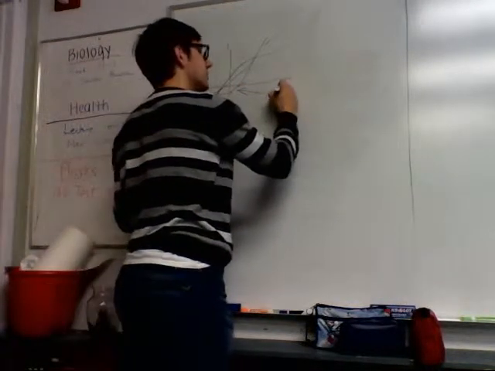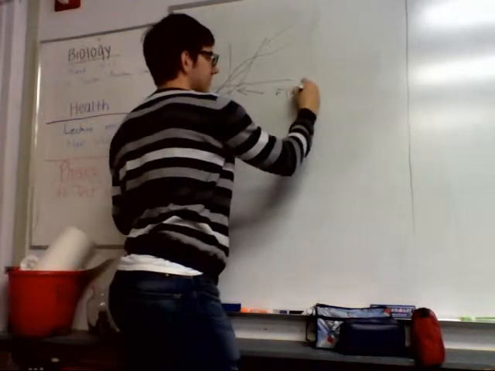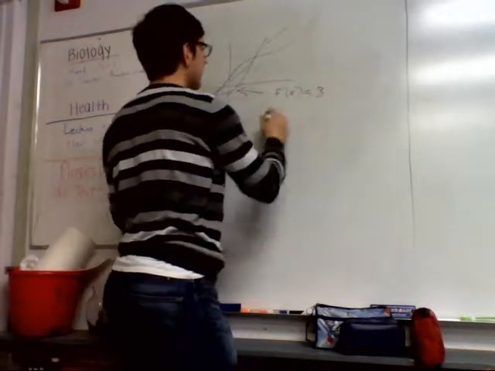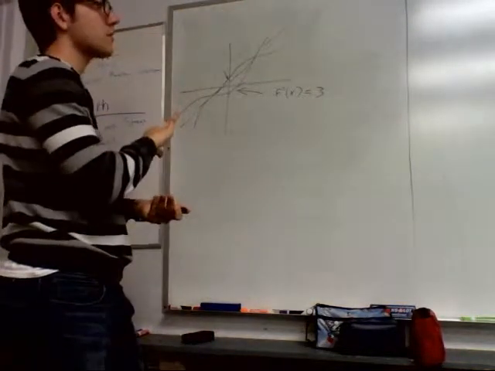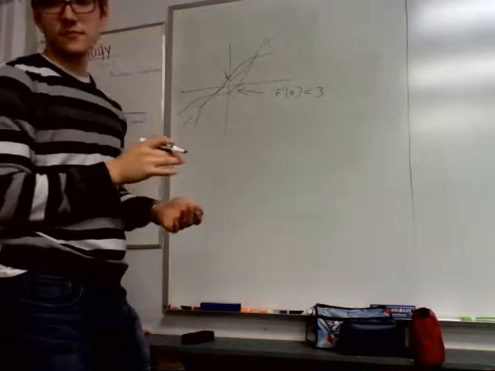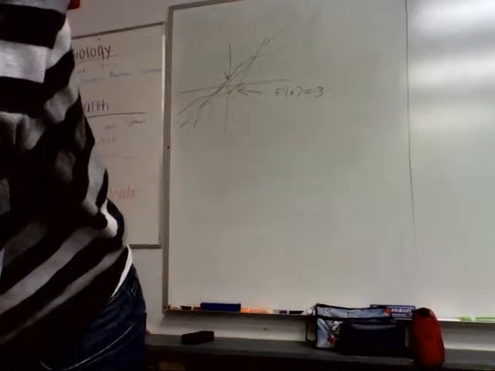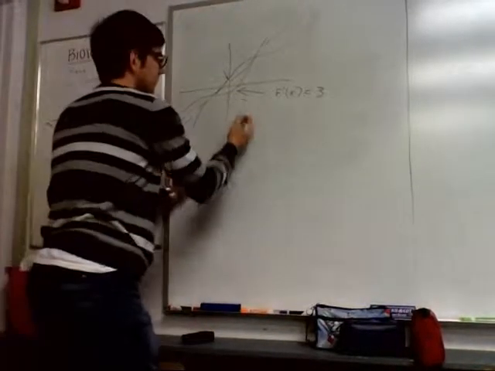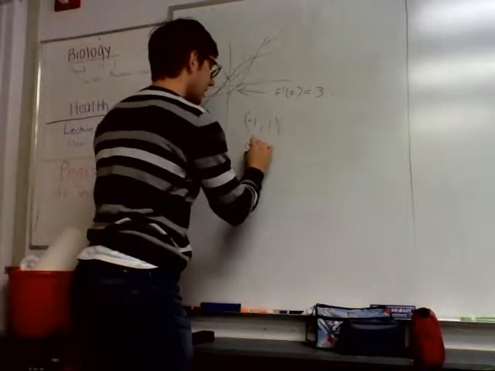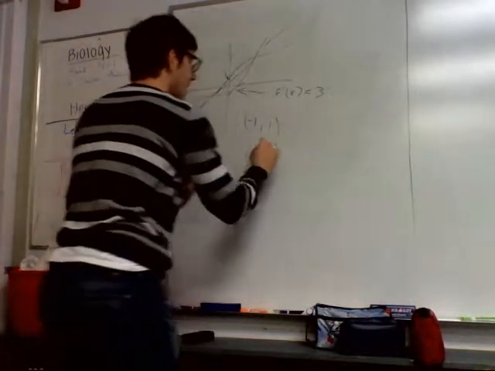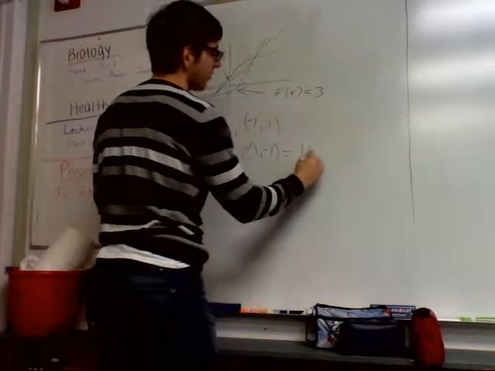If it is equal to, this is f prime of x, and it is equal to 3, then the slope at the y coordinate, let's say this is minus 1, 1, the coordinate of the opposite equation will have a slope of 1/3.